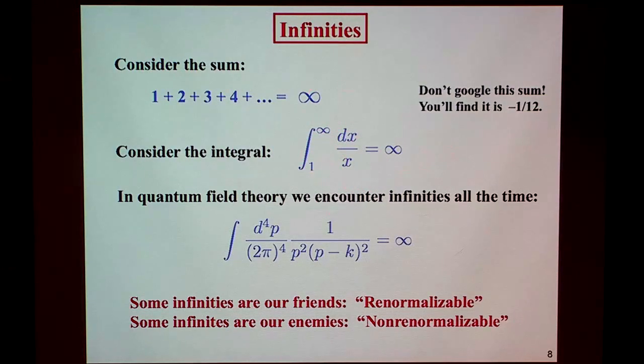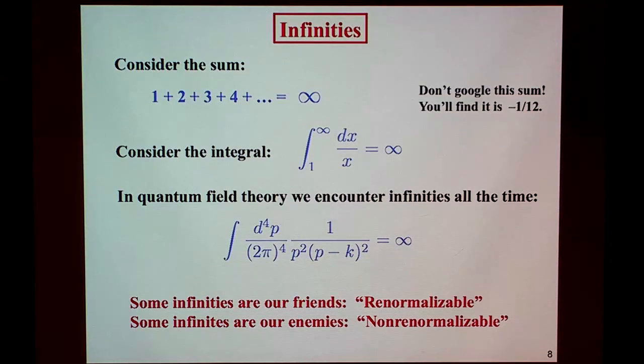And in quantum field theory, we deal with infinities all the time. Standard practice. So this would be a very typical integral, a more complicated one than that, but a very typical integral of quantum field theory, and the answer is infinity. This infinity is actually our friend. That's part of what's called a renormalizable theory.